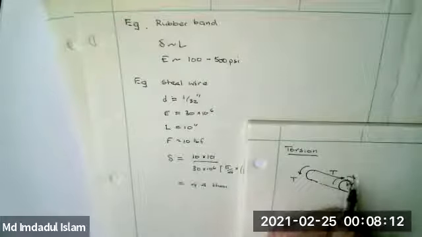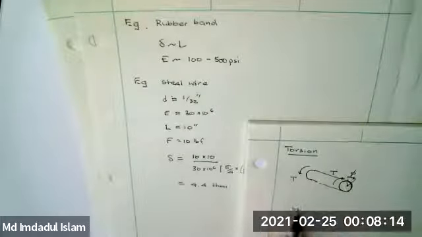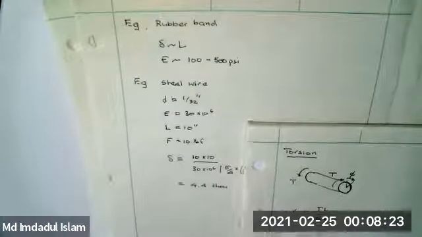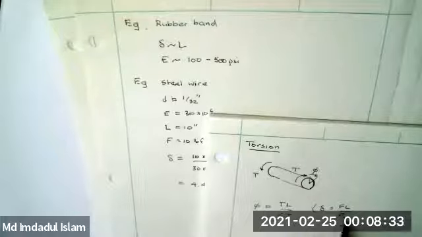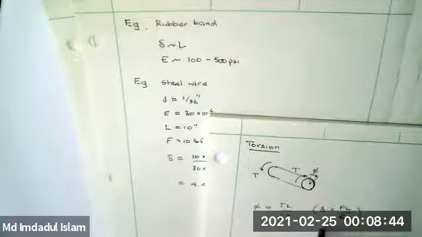Then this thing will produce a rotation phi. And phi is TL upon GJ. Okay. This is analogous to what we have here. Delta is FL upon EA. Okay. And so this is like the torsional stiffness. This is the length. This is the torque producing the deformation. This is the force. This is the axial stiffness.